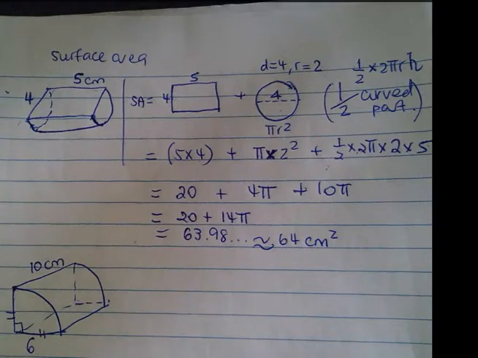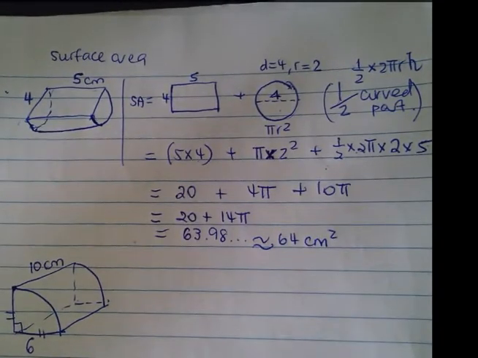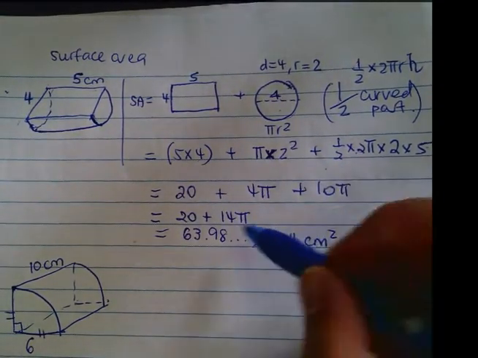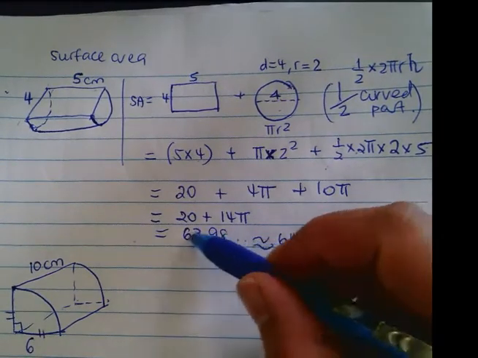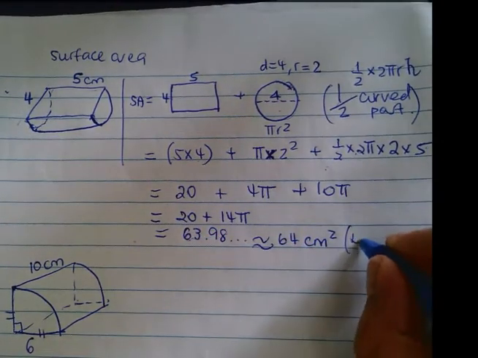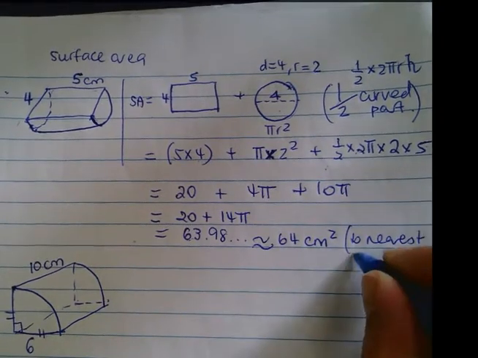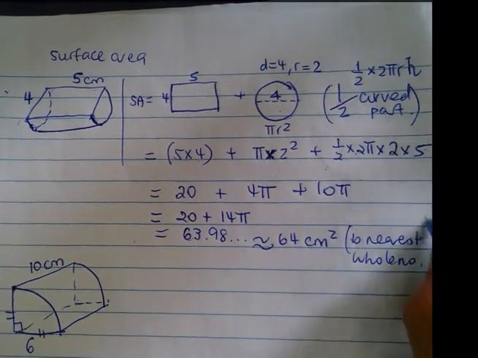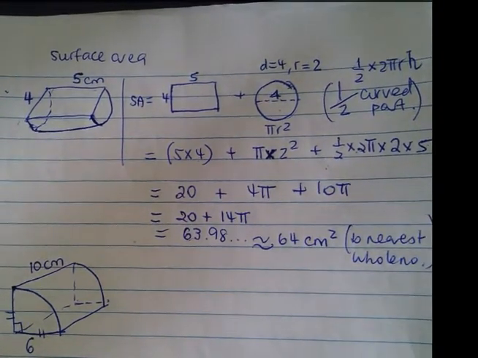You don't go and quote your answer to 6 decimal places. So I would just roughly go, that's close enough, 63.98. You can put to the nearest whole number there. All right, so again, it's all in how we set this up. Let's just look at all the surfaces, try and combine some of them together and make it a bit easier.